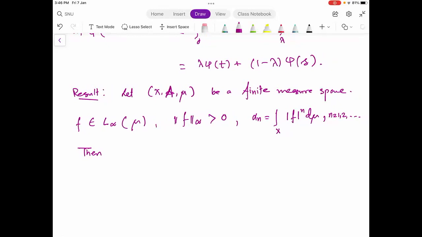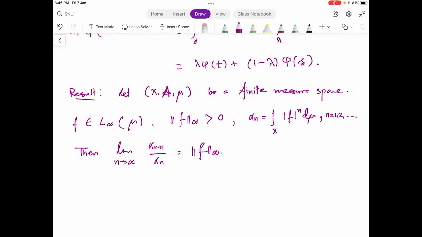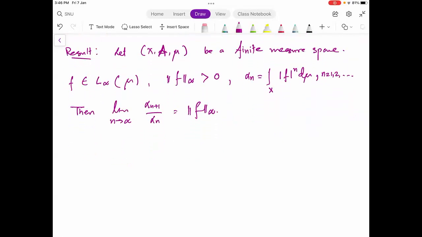Can anyone tell me why alpha n should not be infinity? Okay, complete silence.